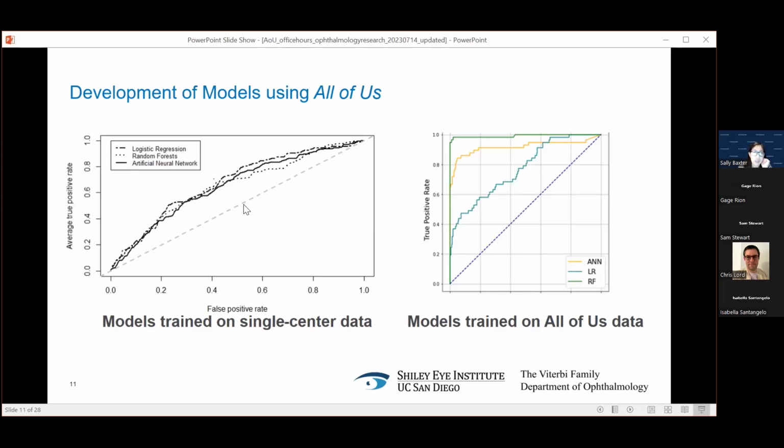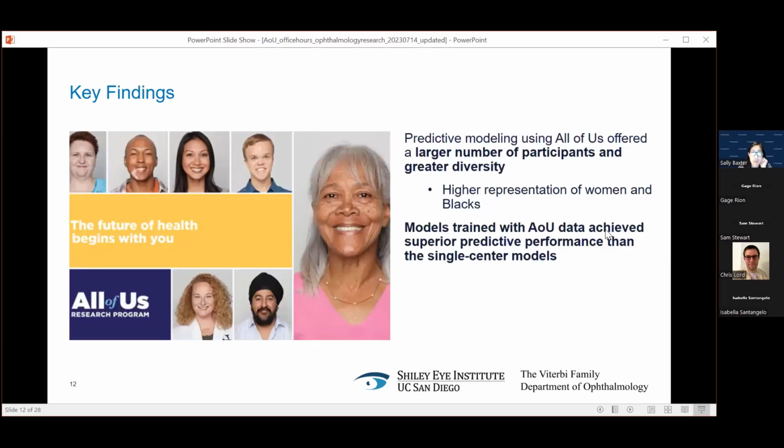And typically when you look at these curves, you're trying to go towards the upper left, it means better performance. And you can see much better performance here on the All of Us data, approaching the 0.9, 0.95 range. So this was a really big boost in performance. And I do think that can be attributed to the nationwide scale, larger number of participants, certainly with a greater sample size, you'll have better model performance in general.